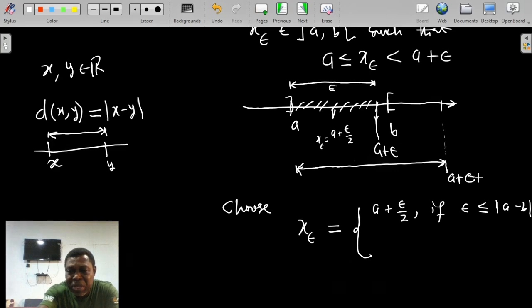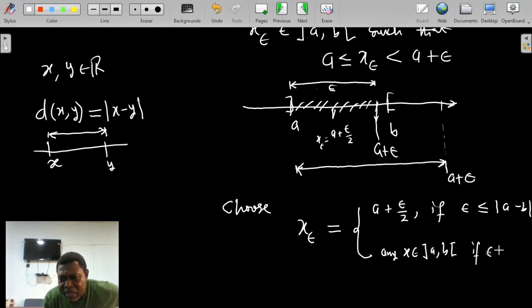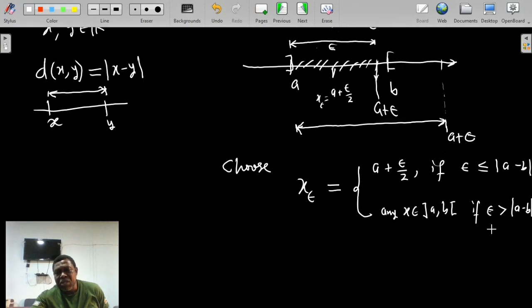So we choose A plus epsilon over 2 if epsilon is less than or equal to the distance from A to B. And we shall choose x epsilon to be any x in AB if epsilon is truly greater than the distance from A to B. So this is how to make the choice of x epsilon.